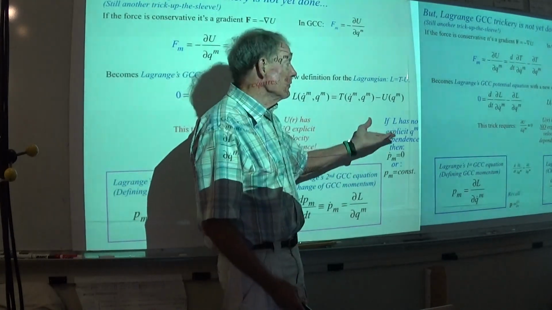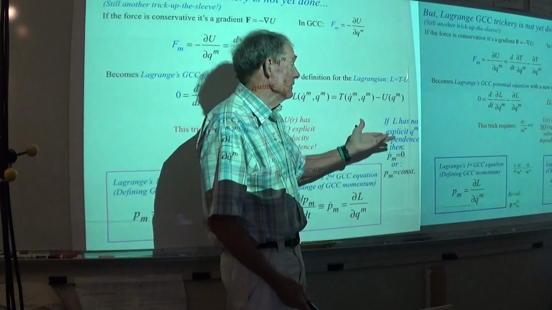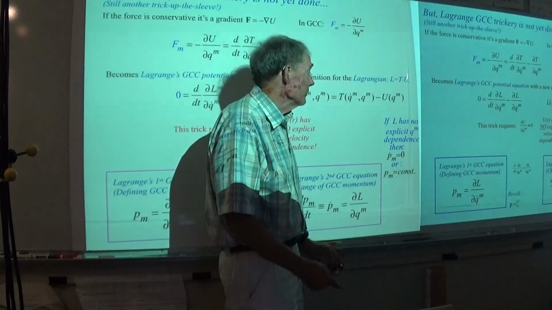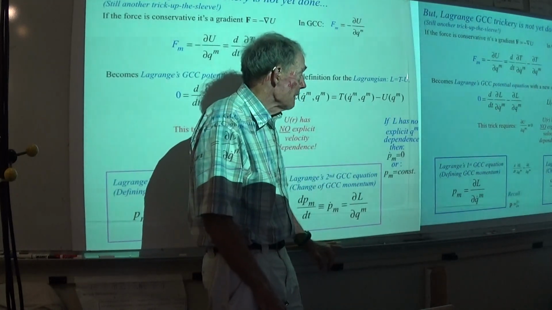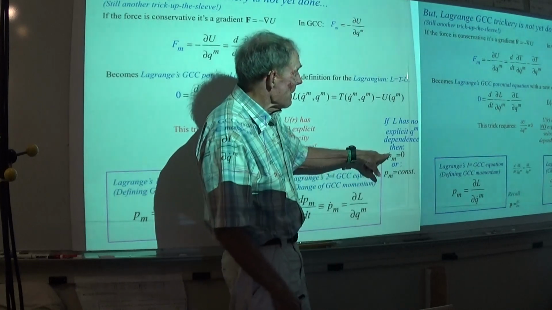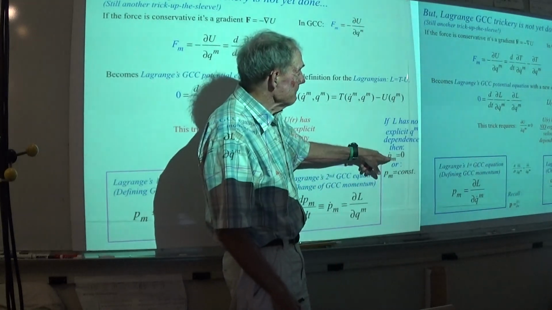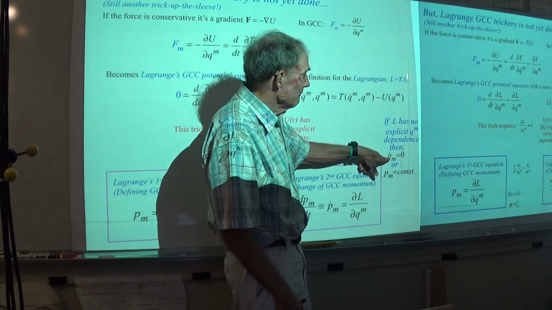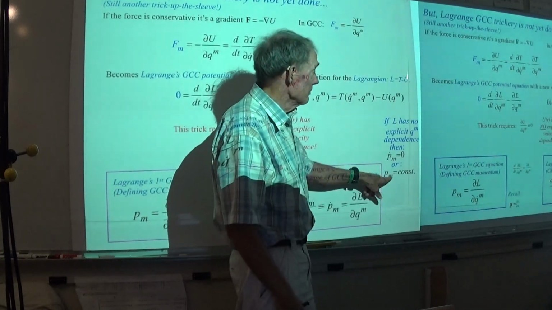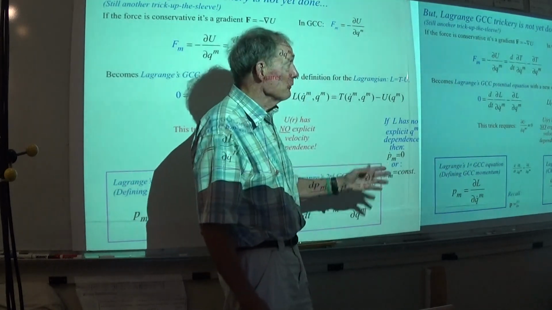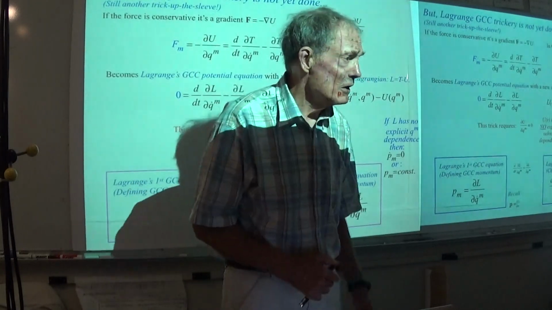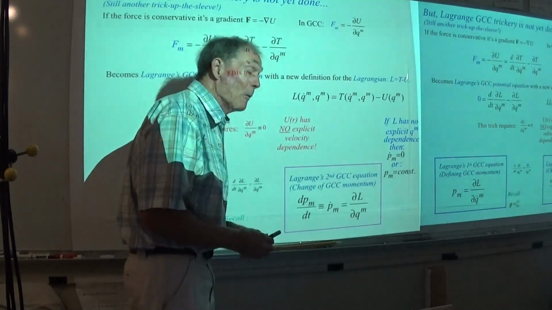If L has no explicit Q dependence, and that's what we've been talking about before, if it doesn't depend on where you are, P dot M, that particular component of momentum, doesn't change. That's a conservation law. That's Lagrange giving you a conservation law for the momentum.